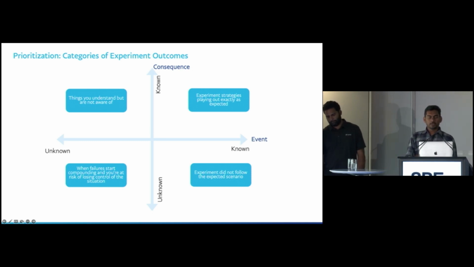So this is where you know how the system is playing out, how your events and consequences are laid out, and this is where you get to understand other aspects of our system. This helps us to know our system better, build our observability, right? Make sure all your alerting mechanisms are in place, your team responses are as expected. So this is the place where you build confidence on your system and on your chaos practices.